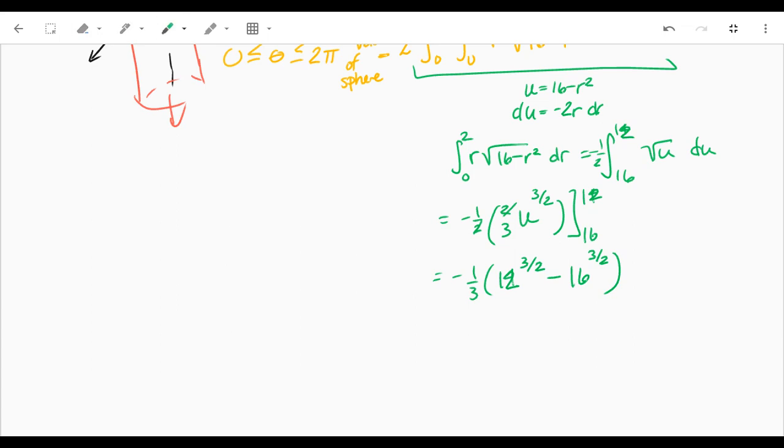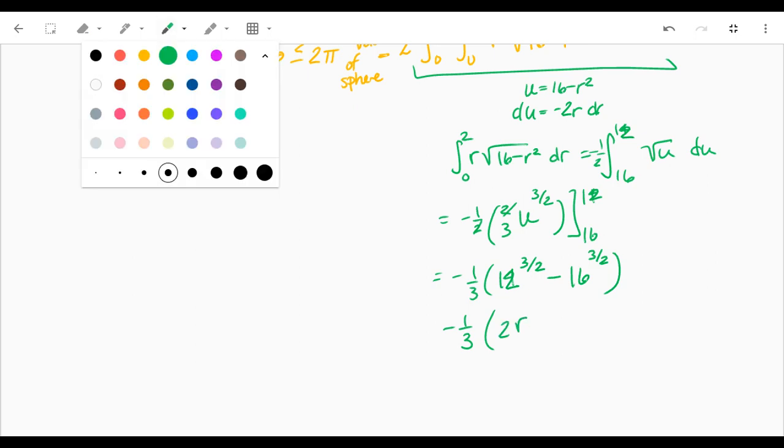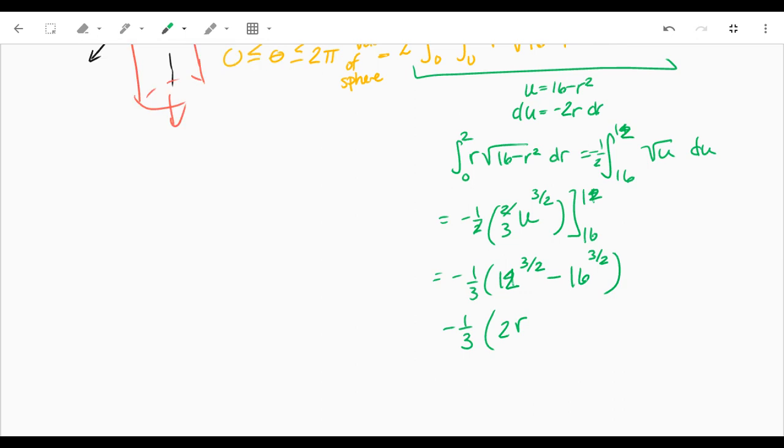Let's see. 12 to the 3 halves. We could split that up into, the square root of 12 would be the square root of 4 times 3, so 2 square root of 3. 2 square root of 3 cubed minus the square root of 16 is 4, 4 cubed is 64.